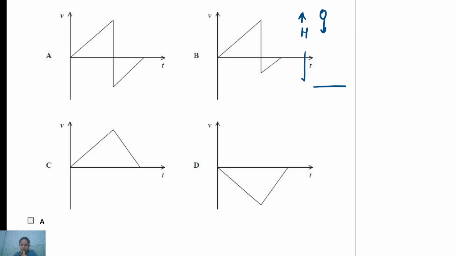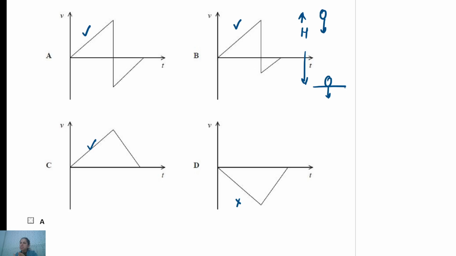It is increasing. So it could be this, could be this, could be this, not this. The speed is increasing and then it hits the surface and loses some of its energy in the form of thermal energy, elastic energy, and then bounces back up to only half the height, h/2.